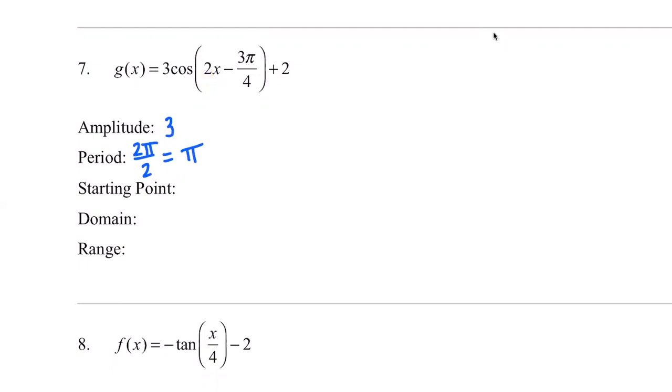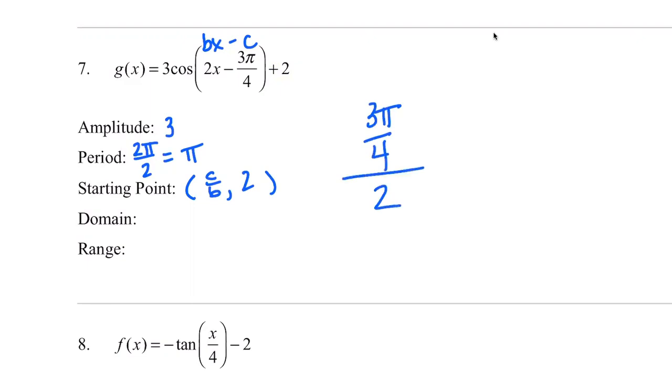Now, remember this is Bx minus C. So when we look at our starting point, C over B comma D, let's just go ahead and identify that our D value is 2. Now, our C value is 3 pi divided by 4. And we're dividing by 2.